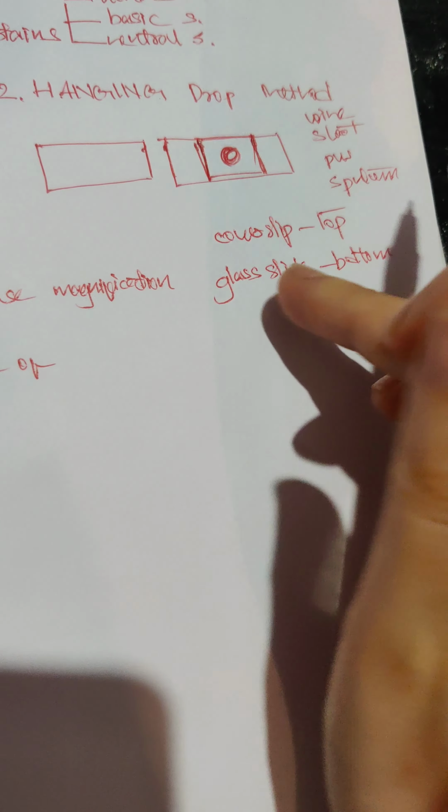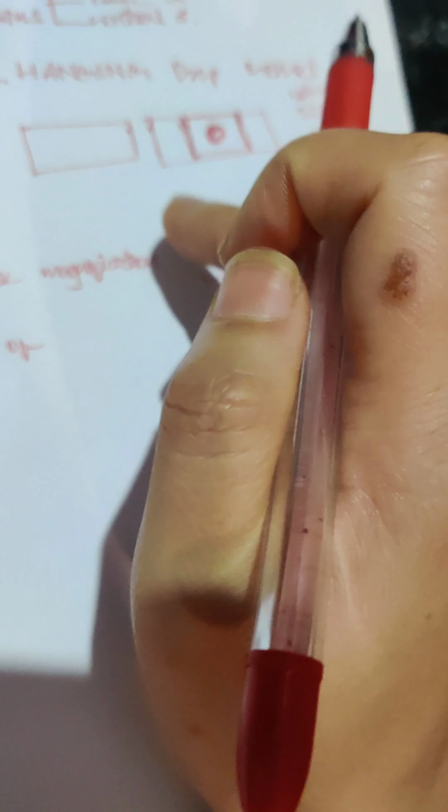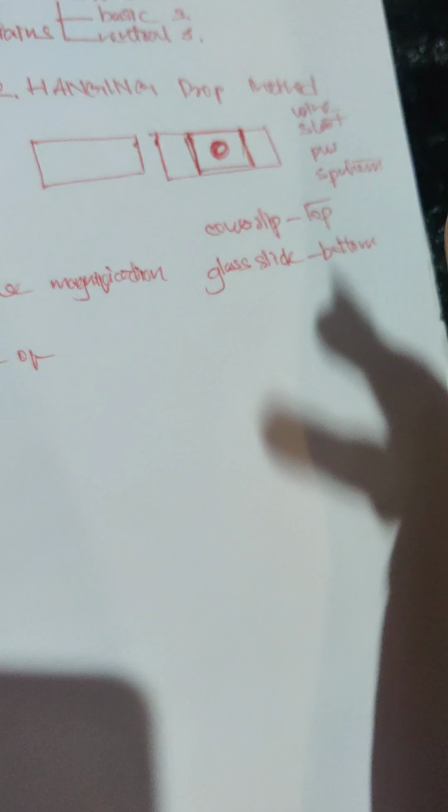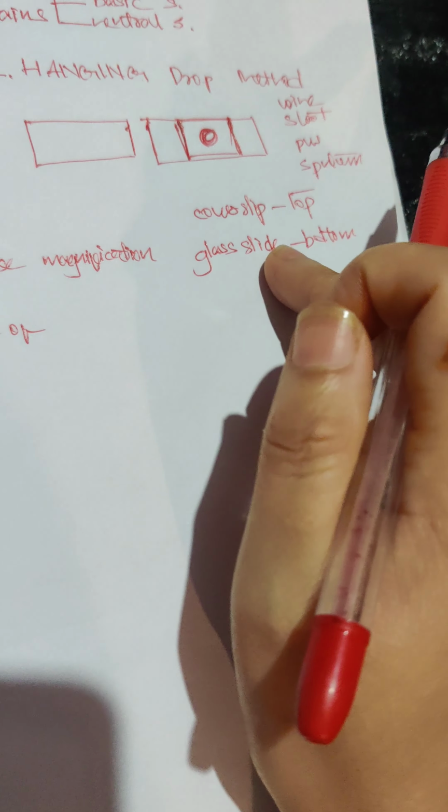Initially the cover slip was on the bottom while the glass slide was on top, but after lifting and inverting it, the cover slip goes on top and the glass slide comes to the bottom.